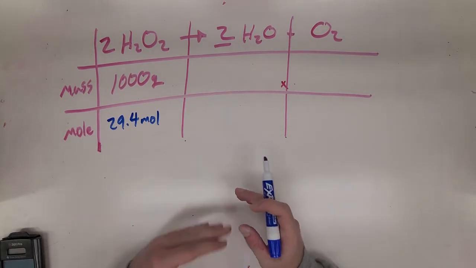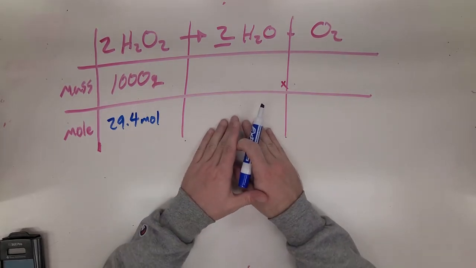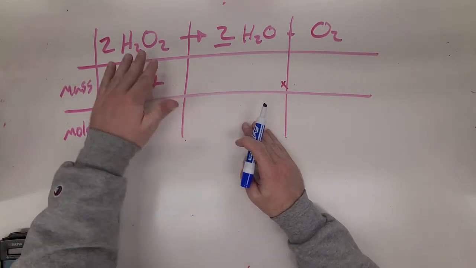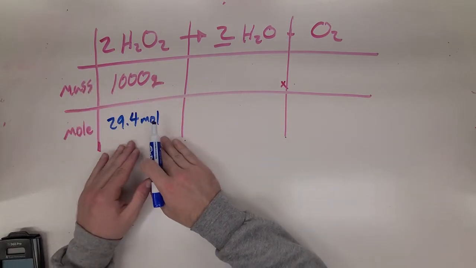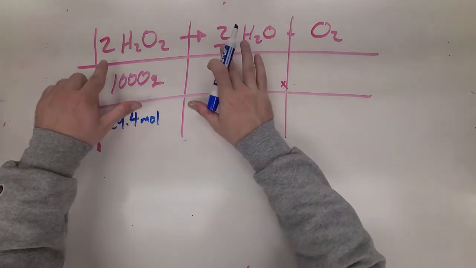Okay, next thing we got to do if we want to figure out how many grams of water is we need to figure out now how many moles of water would get produced if we reacted this many moles of hydrogen peroxide as a part of this chemical reaction. And to do that, we need to use these numbers up here.